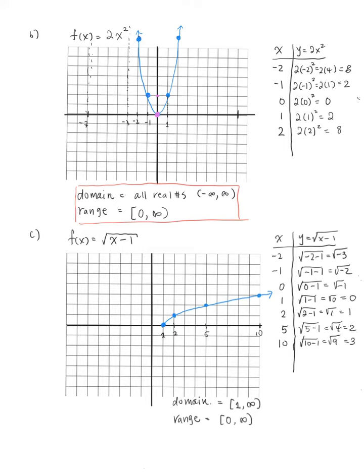Another way to think about this is: let's look at the graph. Where does the graph begin? Well, the beginning point is here. So in terms of an ordered pair, this is when x value is 1 and then y value is 0. That's our starting point. So our starting value for x is 1, and our starting value for y is 0. Okay, now let's look at the end of the graph.